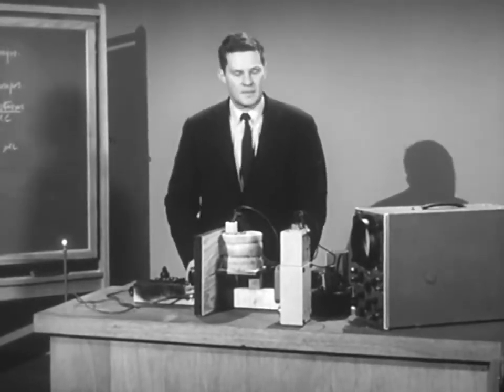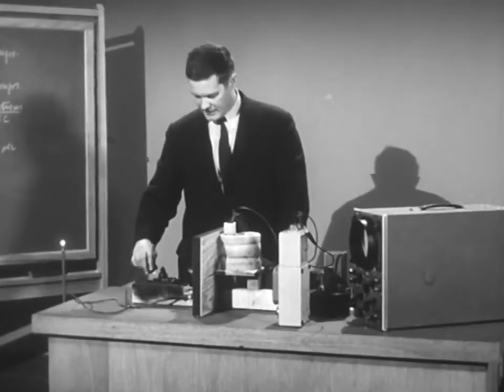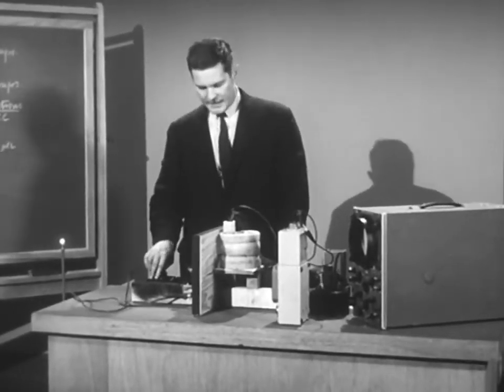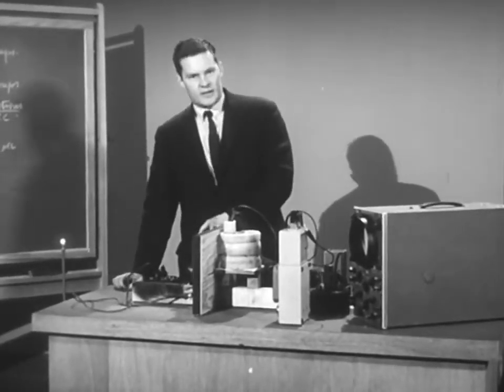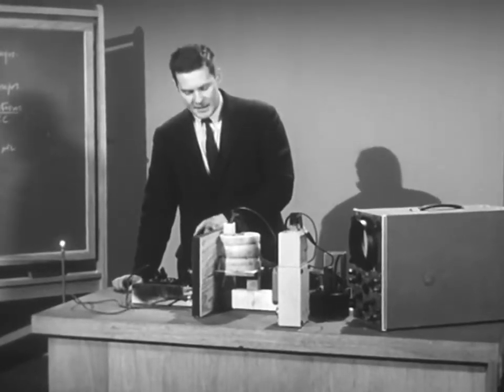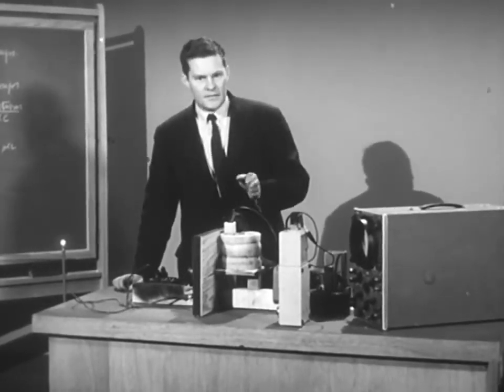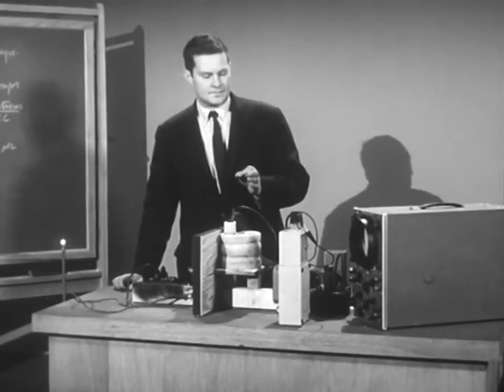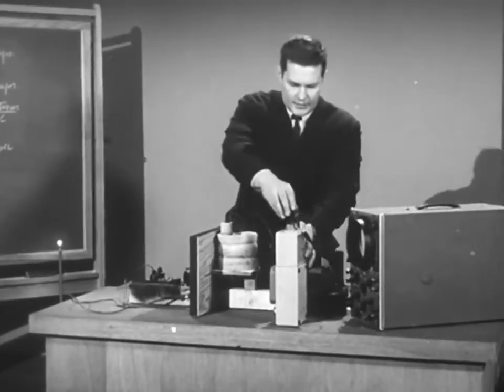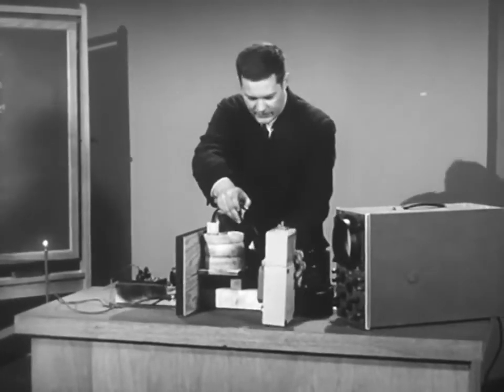Now let's do our experiment. I'll turn on this motor, which spins the shutter at 60 revolutions a second and lets the light through for a brief instant 60 times a second. Now I'll connect the photomultiplier to the cathode ray oscilloscope.